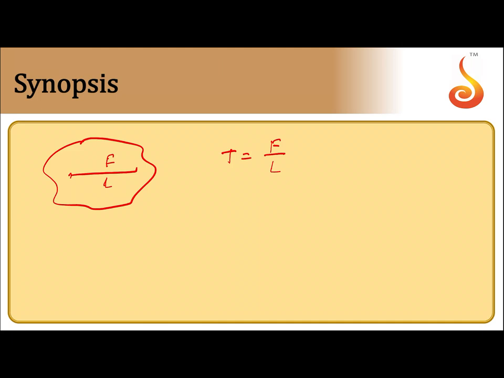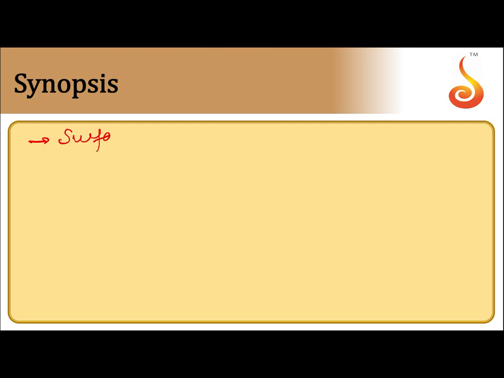Suppose I consider a couple of important concepts related to this one. As I was telling, the work done gets converted in the form of energy, and this is what is known as internal energy or the surface energy.